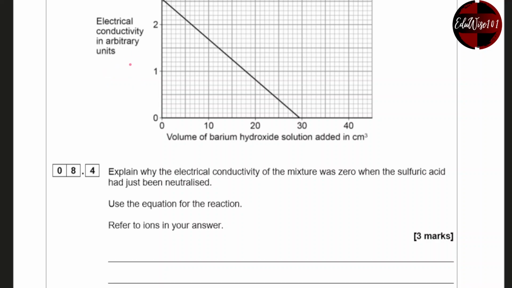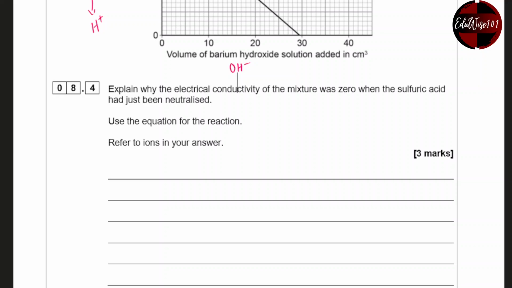So here at the start, we have sulfuric acid, H2SO4, and the H+ ions are able to move initially, but as you add OH- ions from the alkali, these OH- ions will react with the H+ ions and remove them from the solution. So explain why the electrical conductivity of the mixture was 0 when the sulfuric acid has just been neutralized.